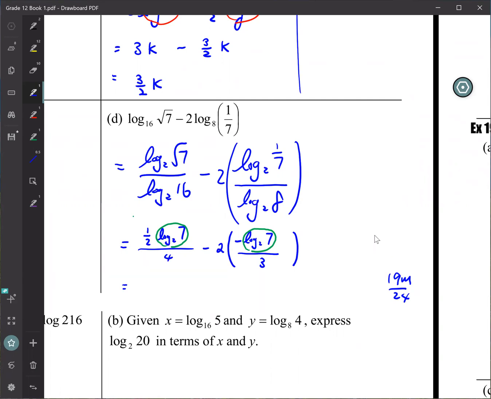Tiana? Same. Okay. Kelly? Same. Okay. Anyone has trouble? Anyone get different? Or want me to go over this one? Okay. So you replace the m and simplify the fractions. So final answer 19m over 24.